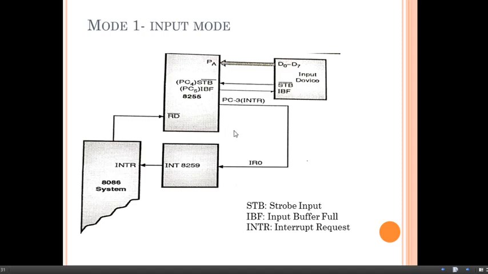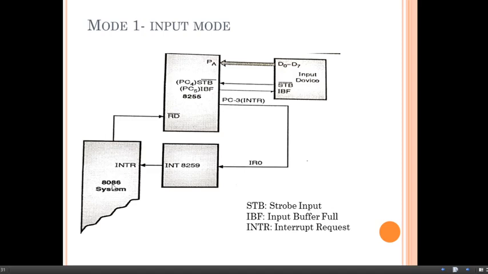If this IBF signal is active, then this peripheral device will not send the next data, and when this IBF is reset, in that case the input device can send the data. This IBF signal is reset with the help of the CPU.